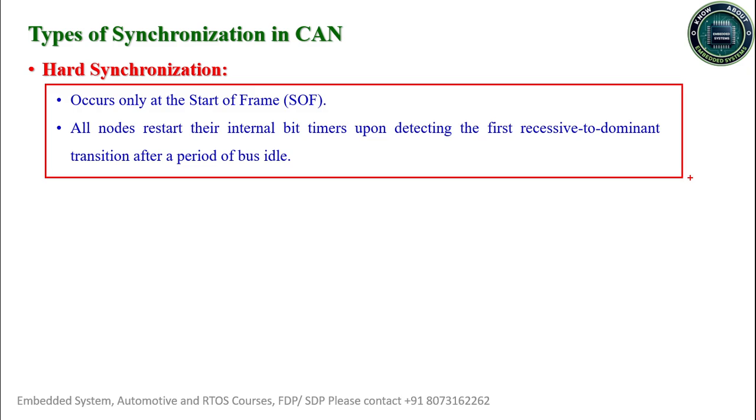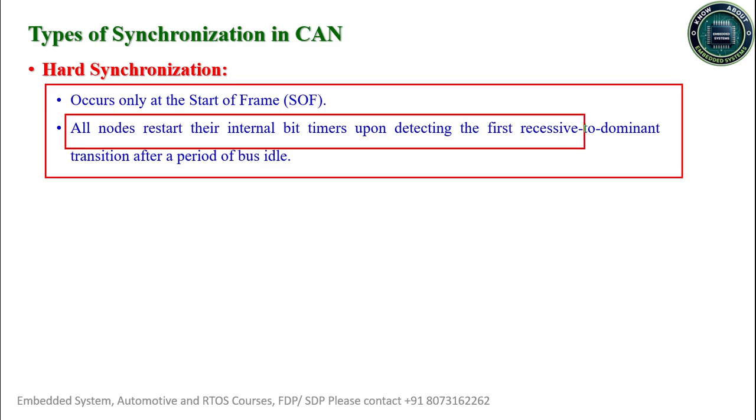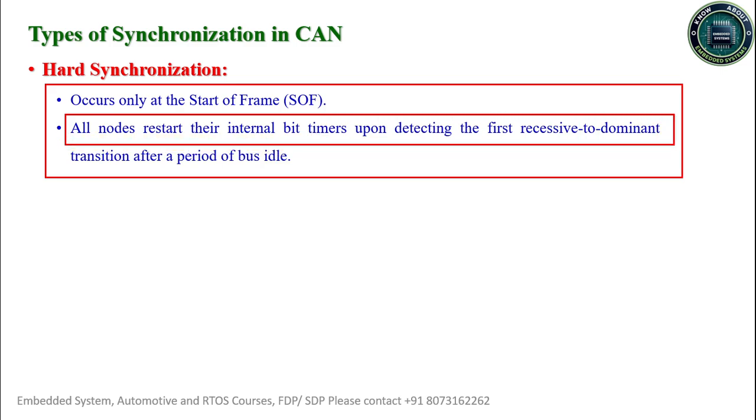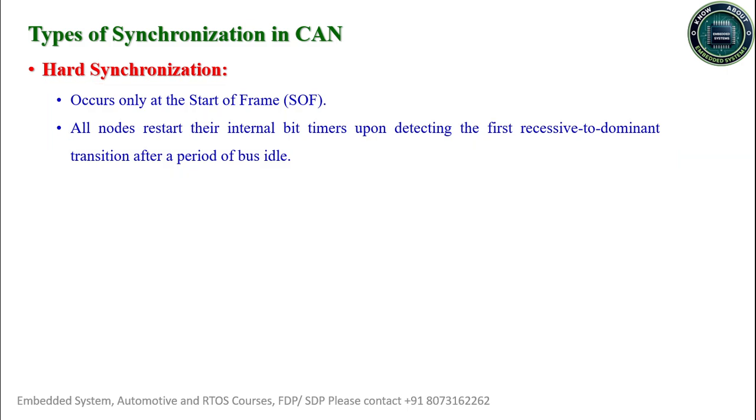Every ECU should restart and get synchronized at the start of the bit. That is what is called hard synchronization. All the nodes should restart their internal bit timer upon detecting the first recessive to dominant bit. It means that in the start of frame every ECU should be synchronized. This is called hard synchronization.